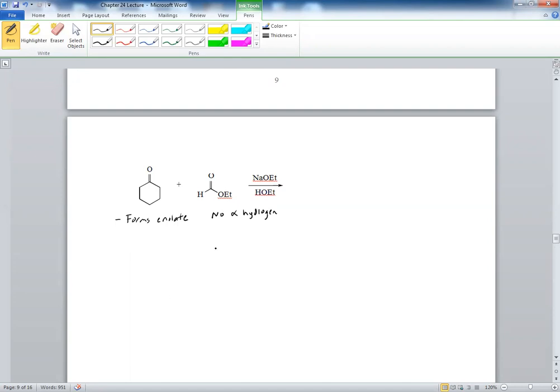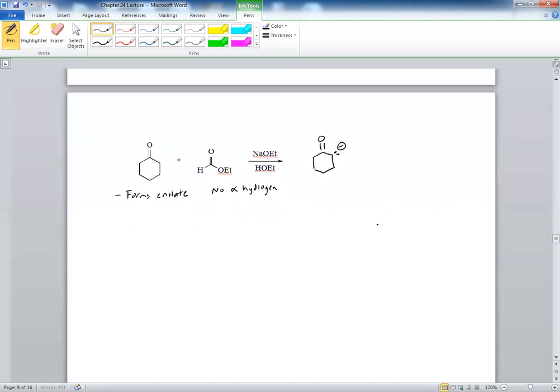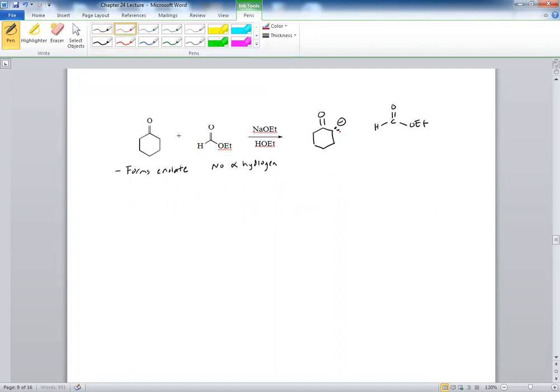So therefore, here's our enolate. Let me just redraw this arrow. Come down here.